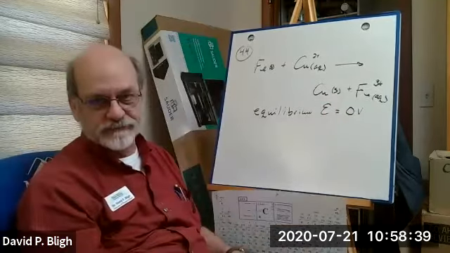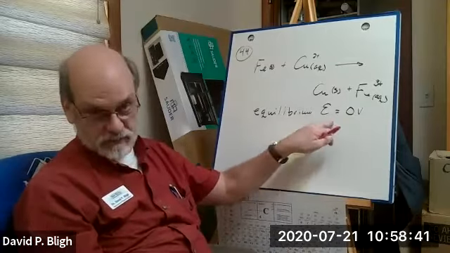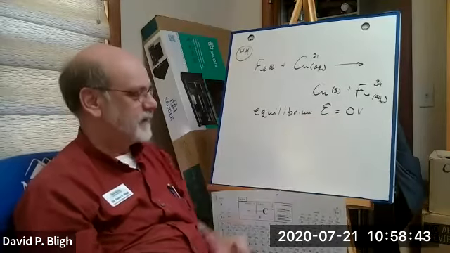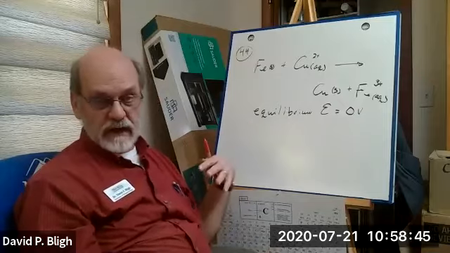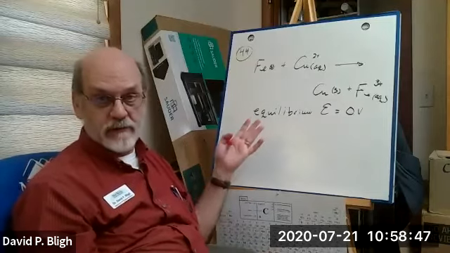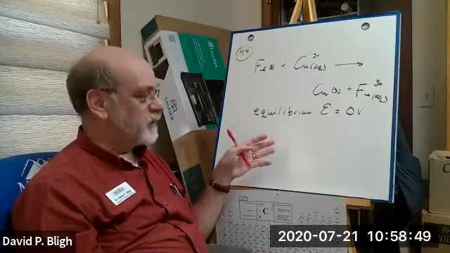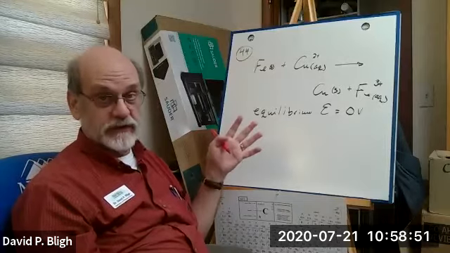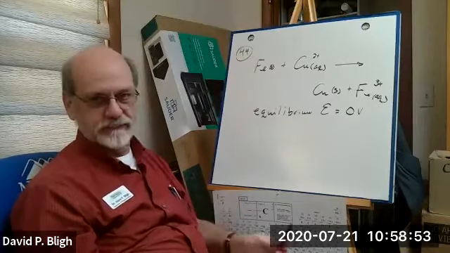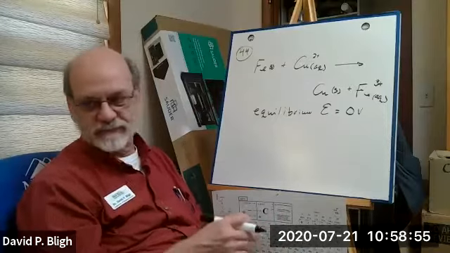Zero volts. The actual is 0 volts. Now, there would be a standard potential, of course. But at equilibrium, the question is, what's the voltage on the cell? 0 volts. Another trick question.